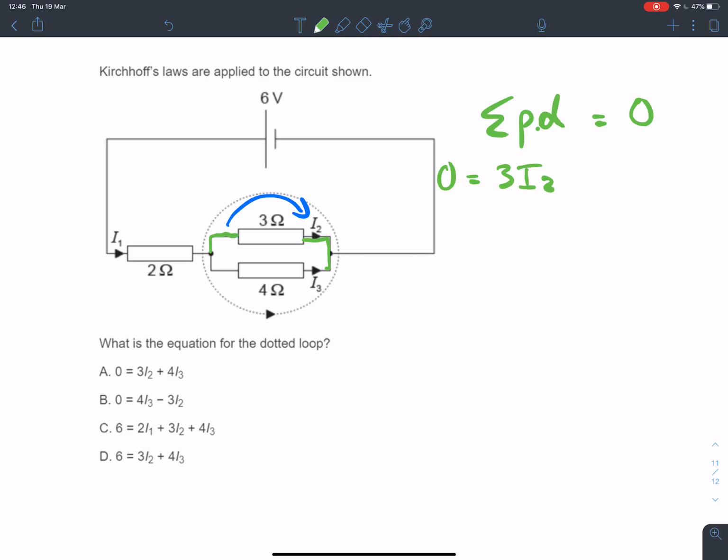Okay, let's keep going around. And now, if we look at the direction that that current I3 is going, I'm going to have another voltage going that direction. So what's the current here? Well, because I'm going against that blue arrow, I'm now going to have that minus sign in there. I'm going to end up with minus 4I3.